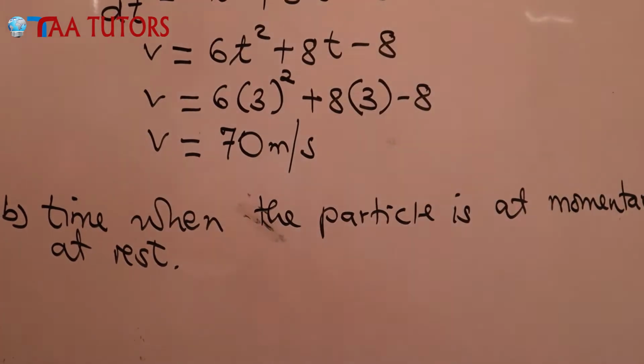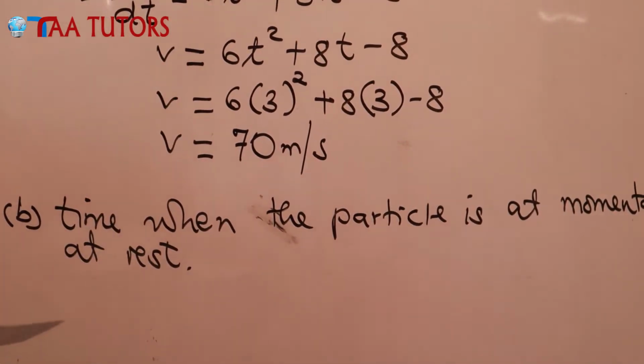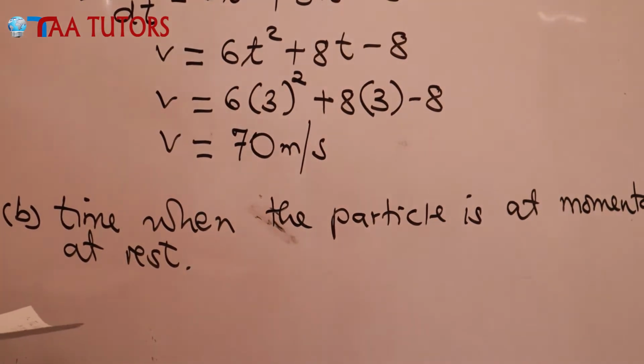We said that earlier when I was giving you the notes on this particular idea, we are generating the concept: when a particle is at rest, then the velocity is 0.